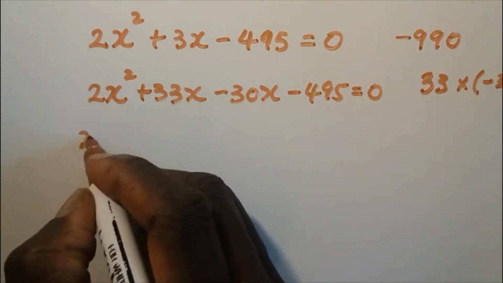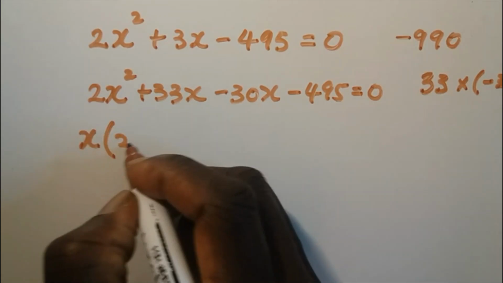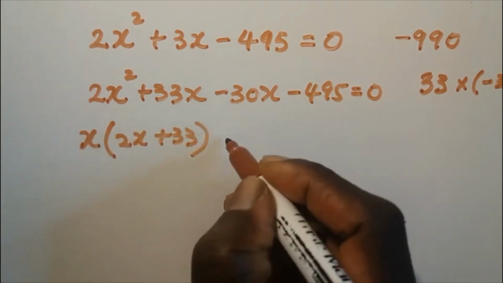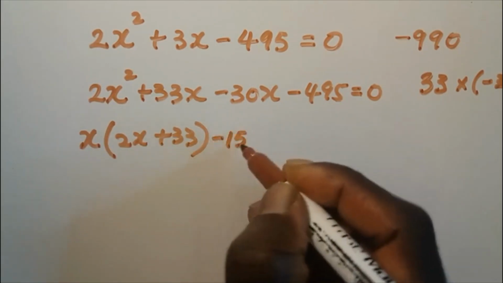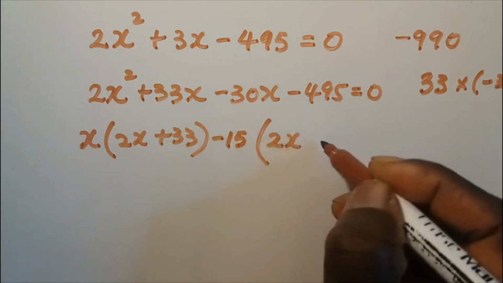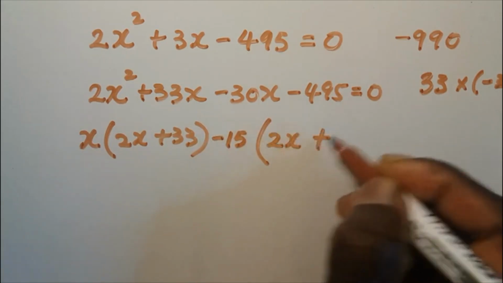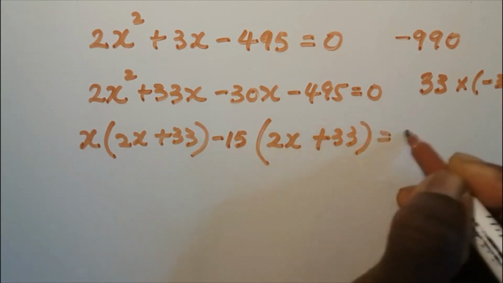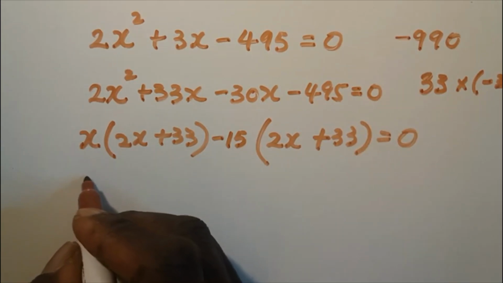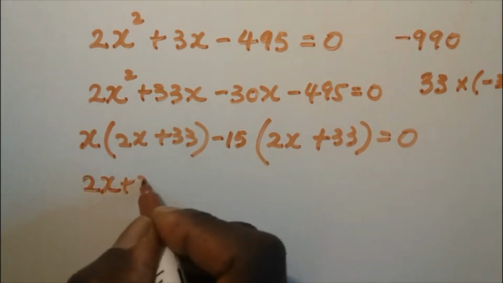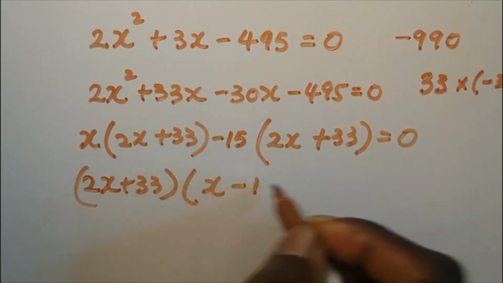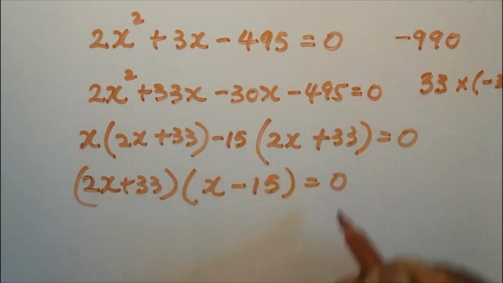We have x is common to 2x and 33, and we have negative 15 is common to 2x add 33 is equal to 0. And we factorize again. We have 2x add 33 brackets x minus 15 is equal to 0.